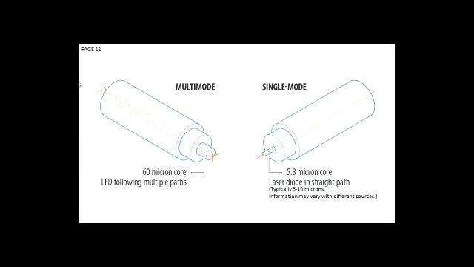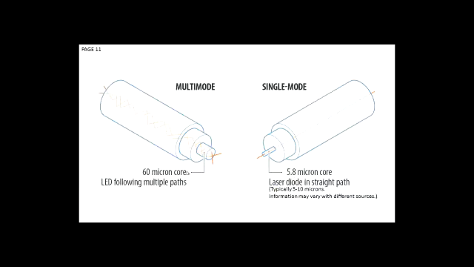All right, so with the multi-mode, the core would be around 60 microns, 60 micrometers. Okay. Now, when it comes to multi-mode and single mode, you can see that the core is basically 10 times smaller.